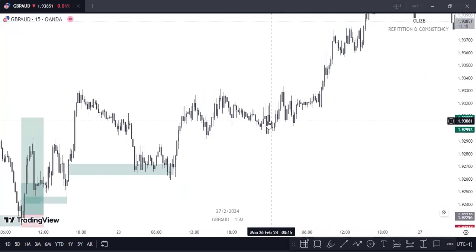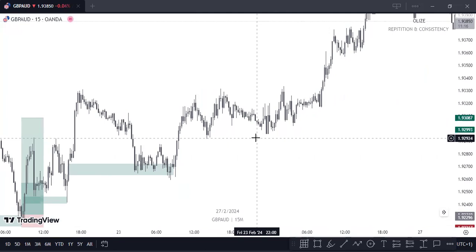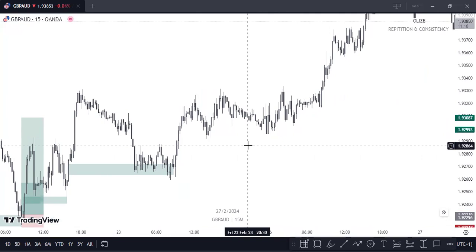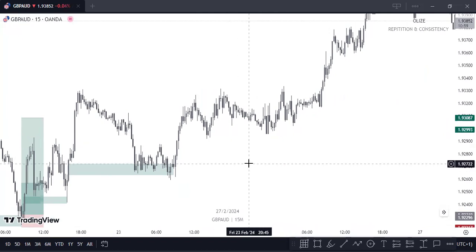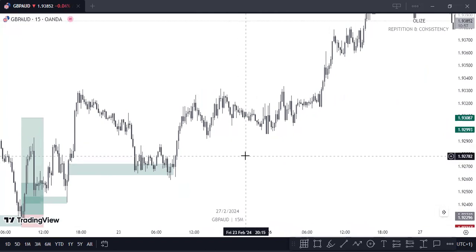Boss, yes, Raul. This fair value gap stuff is always disturbing my setup, because at times I don't see the fair value gap very well. At times it mitigates my price, and I'm still expecting price to come back to my old point of interest, whereby the price has already mitigated it.